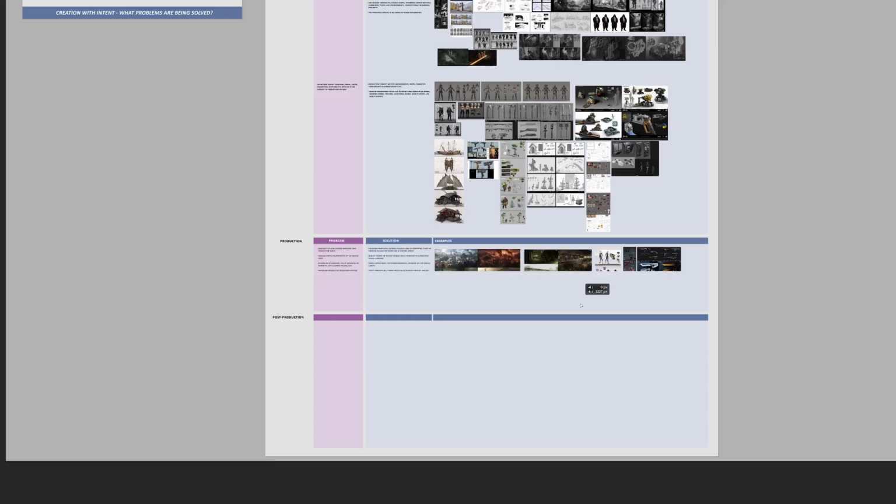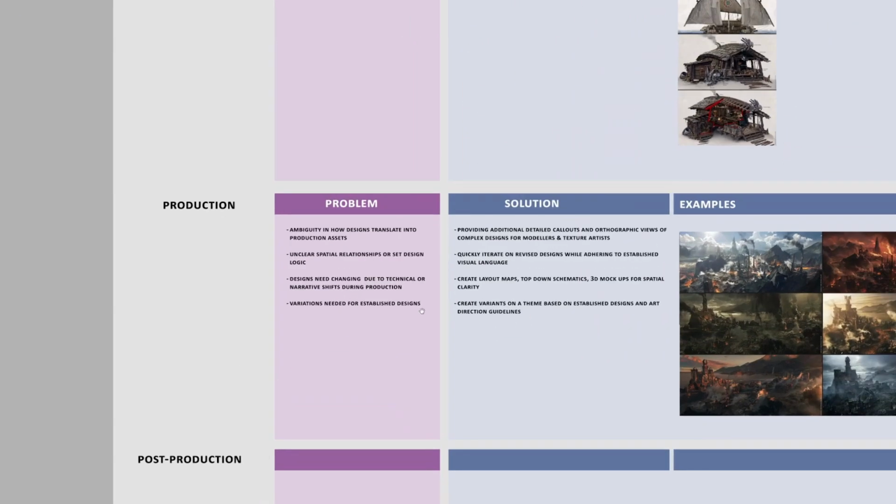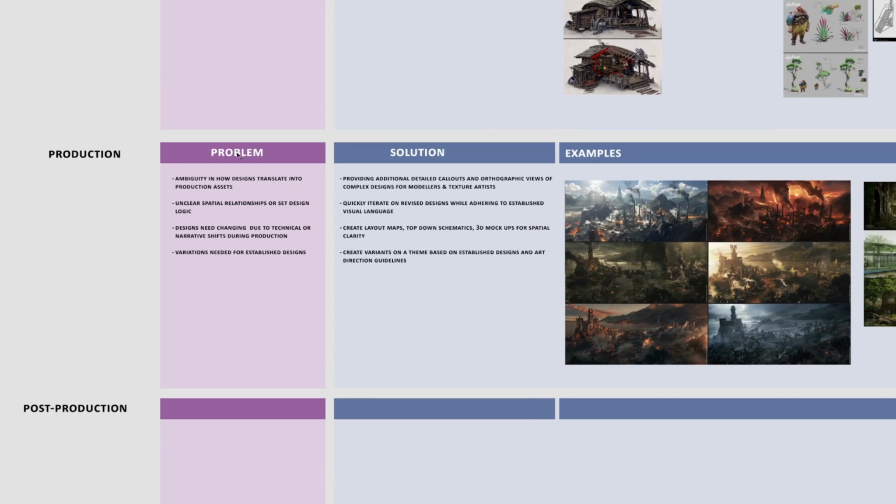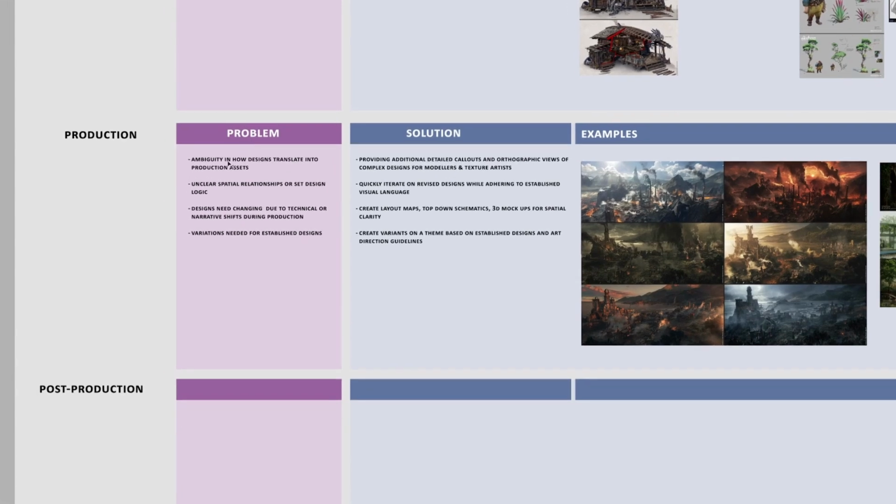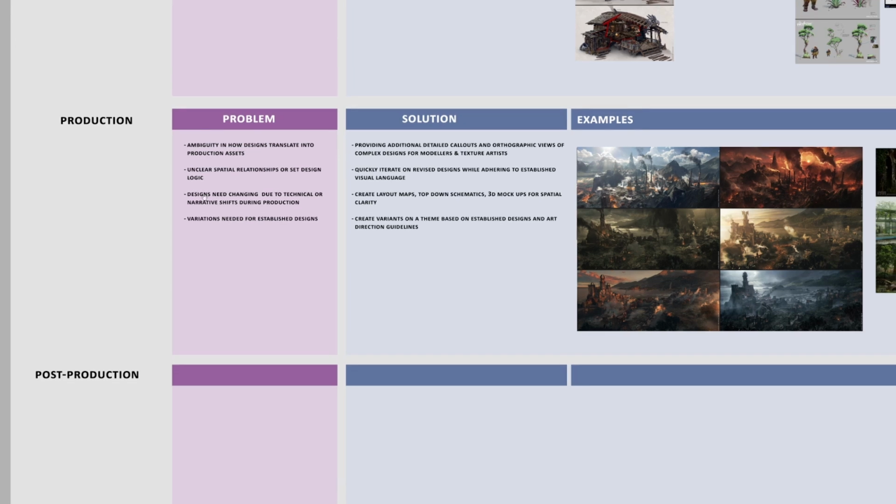So now we move on to some production phase concept art, and this one is more of a summary, so we'll work through it quickly. But some problems that can arise is that there can be an ambiguity in how designs translate to production assets. There can be unclear spatial relationships or set design logic. Some designs might need changing due to technical or narrative shifts during production, and sometimes variations are needed for established designs.